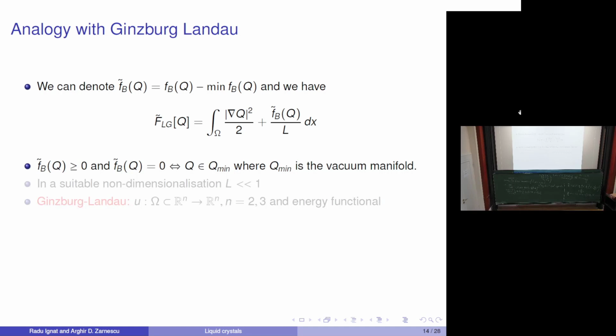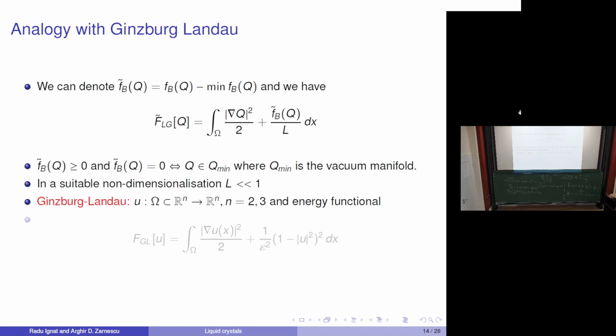And then what happens is that in a suitable non-dimensionalization, where you take into account those scales that I was mentioning at the beginning, you see that L is a small constant. So you have this situation which is quite often used.